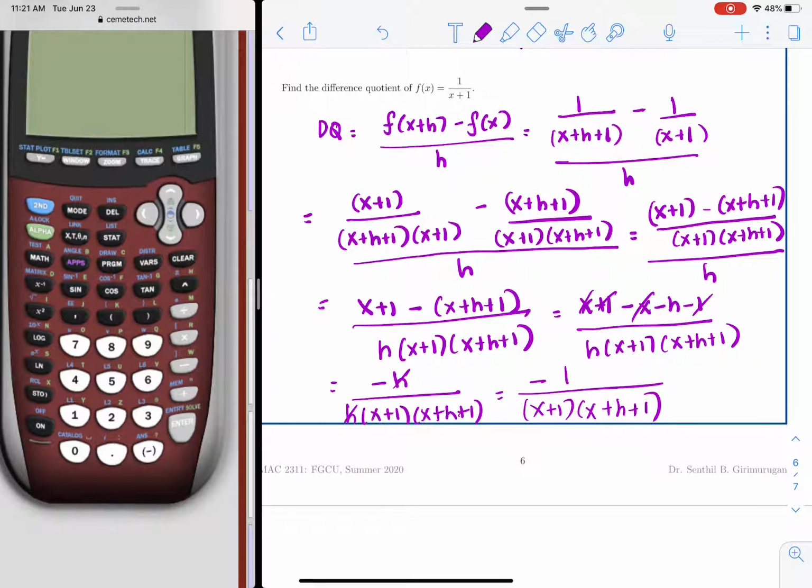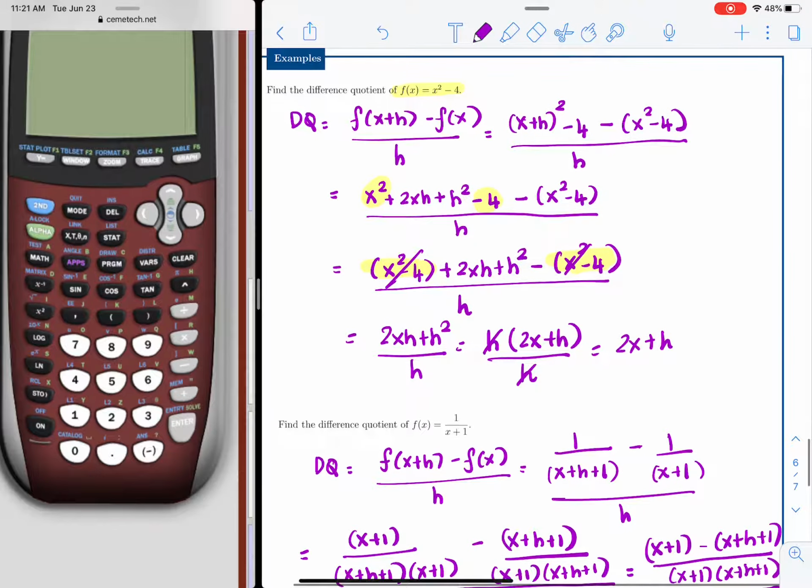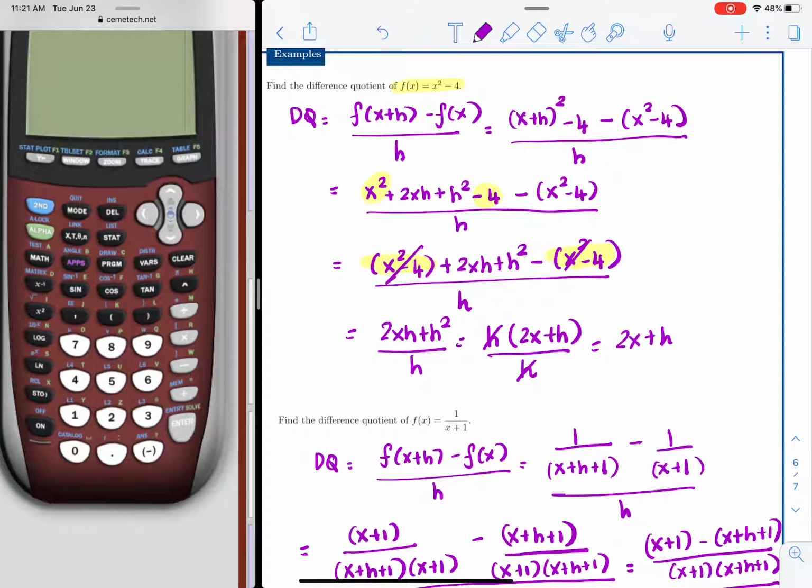But if we did some bit of algebra in other ways, perhaps it would become obvious, but we don't have to get into that. So anytime you have a radical function or a rational function, it won't be obvious. The original function, even though it is going to disappear, is just not going to be obvious. But with polynomial functions, such as x squared minus 4, when you find the difference quotient, the original function will always disappear.